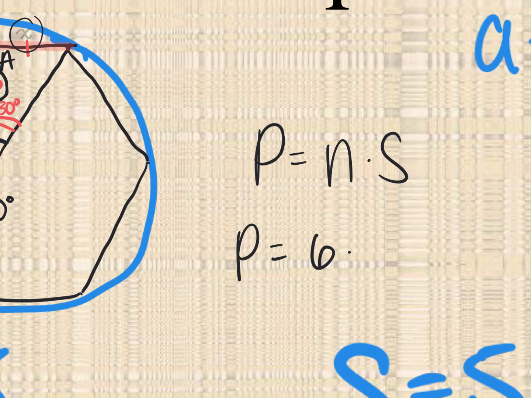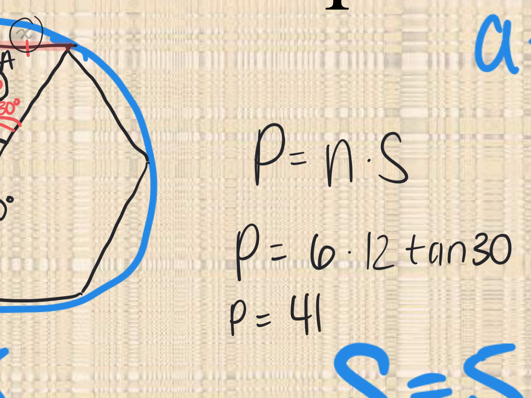Times the s value, I think, was 12 tangent of 30. So perimeter equals 6 times 12 times the tangent of 30, 41.6. What units does the perimeter get? Just units, okay?